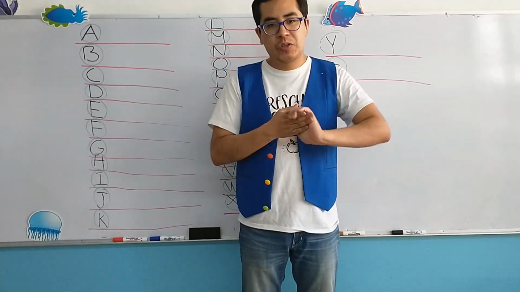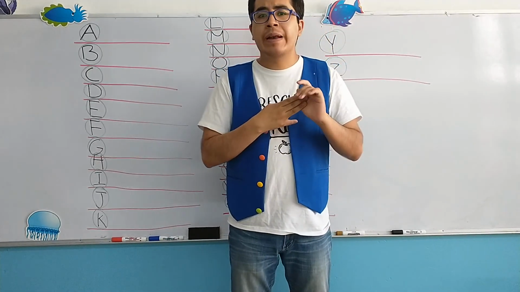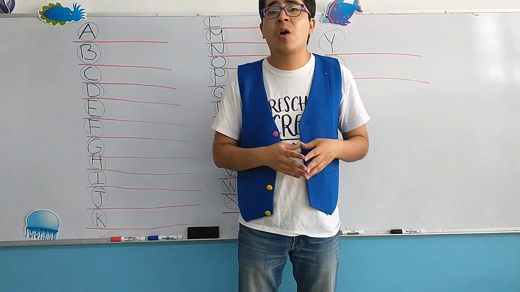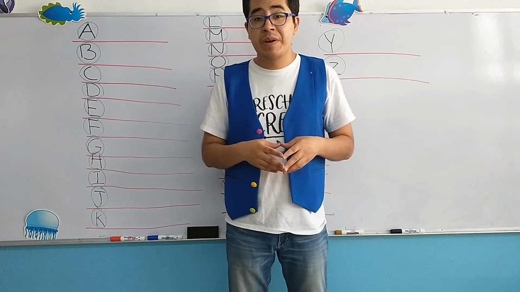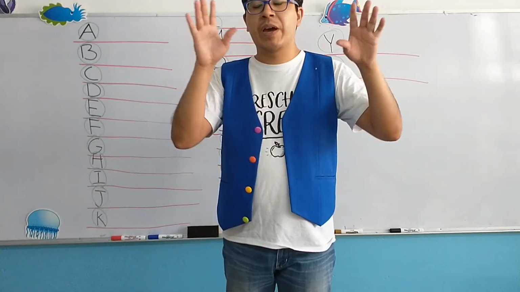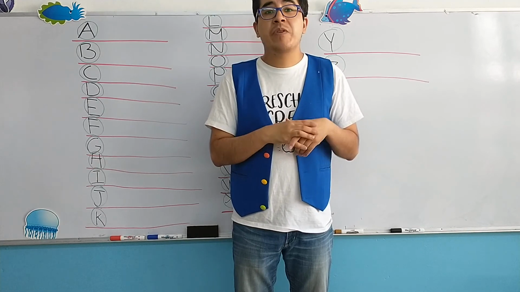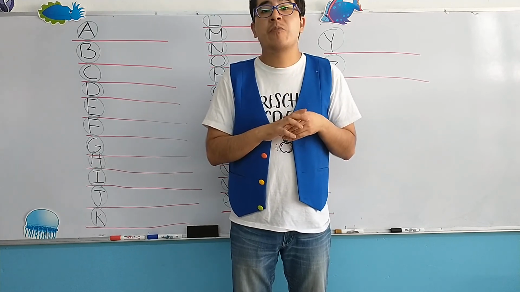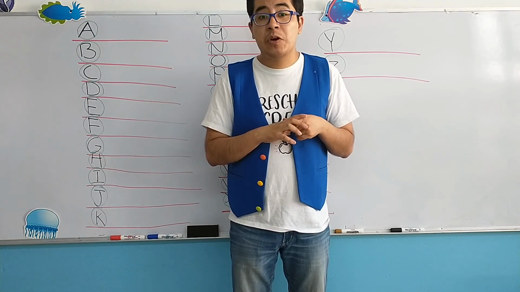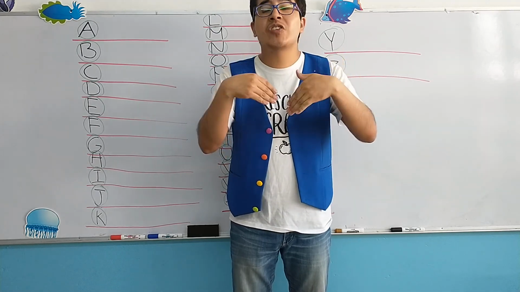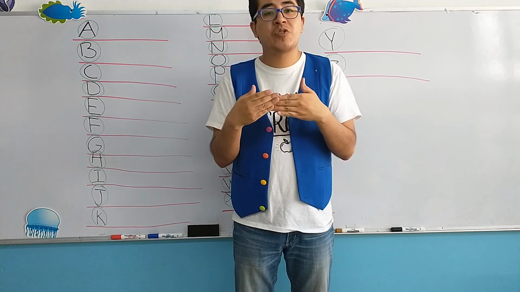So, for today, my children, we're going to make an exercise that is based on the review of the alphabet. Remember, the alphabet in Spanish, el abecedario. Now, it is very important that we work constantly with the alphabet because if we don't know the letters, we of course cannot write and we can't read.